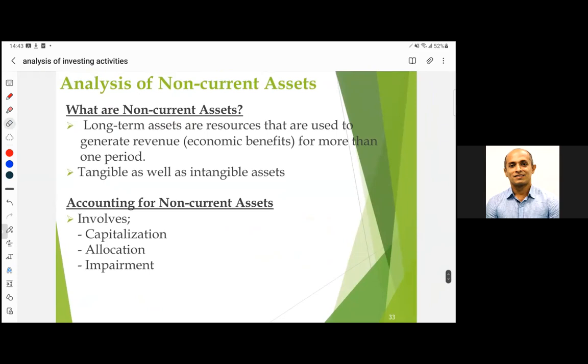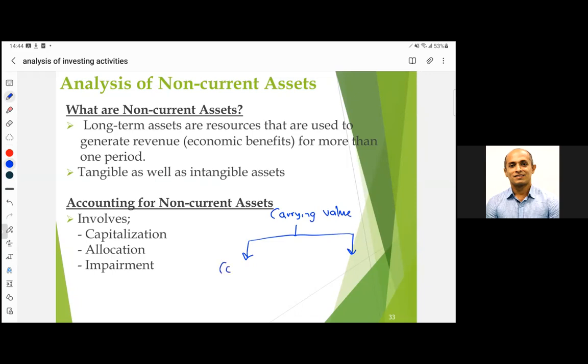So here we look at property, plant and equipment. Under analysis of non-current assets, we'll see property, plant and equipment. So you can follow two measurement bases to find the carrying value of property, plant and equipment.